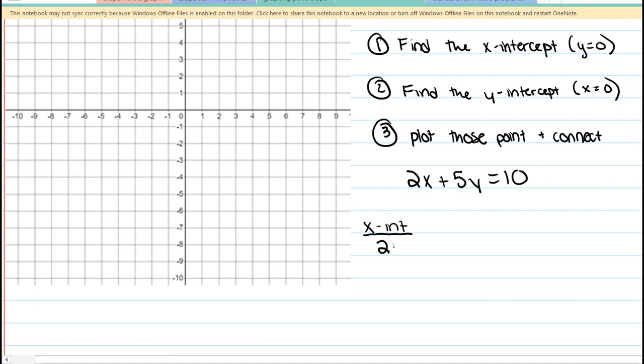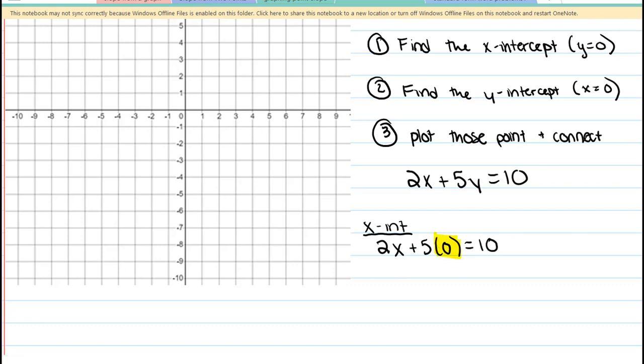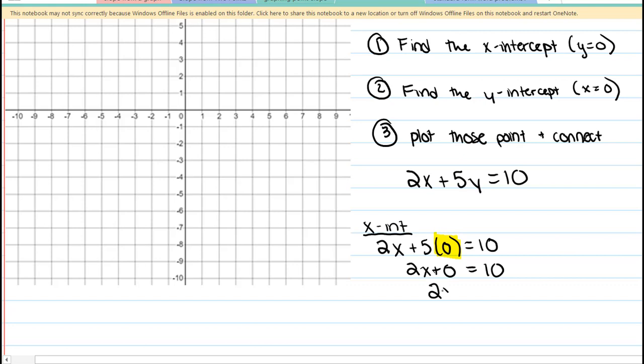So I'm going to do 2x plus 5 times 0 equals 10. 5 times 0 is 0, so 2x plus 0 equals 10. 2x plus 0 is just 2x. Then divide by 2, and I get x equals 5. So the x-intercept for this equation is 5, 0. Let's plot that right away.